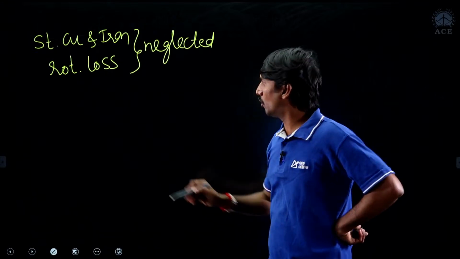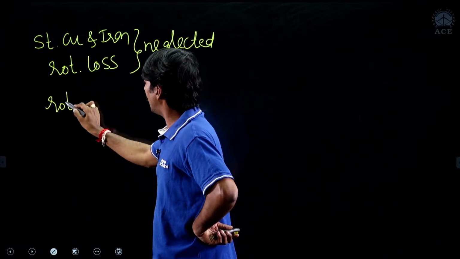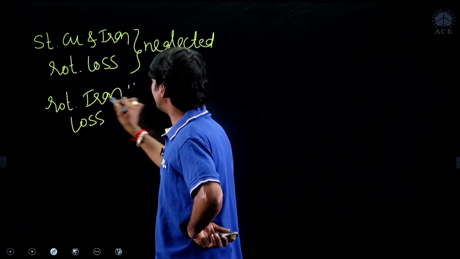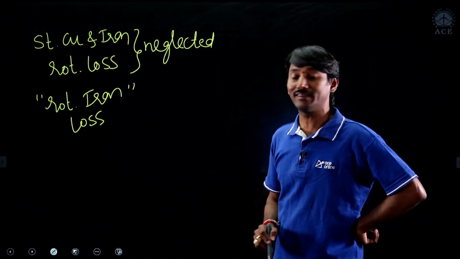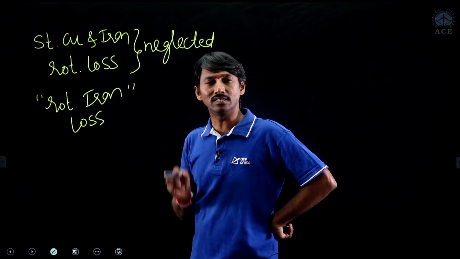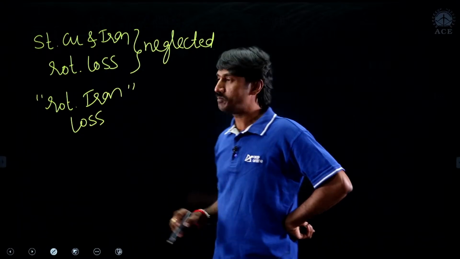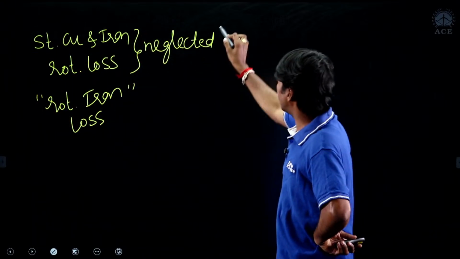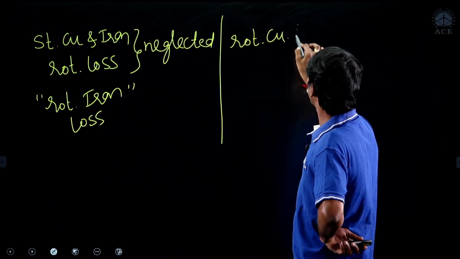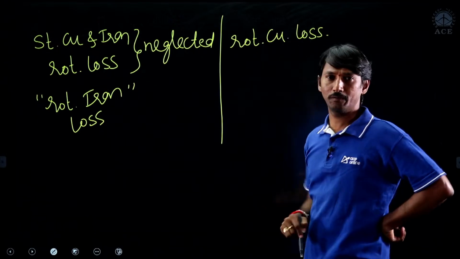According to theory, rotor iron losses are anyway neglected. Rotor iron loss depends on the rotor current frequency, which is very, very small, so it is neglected. If you remove all these losses, which loss is available now? Only rotor copper loss is available, right?